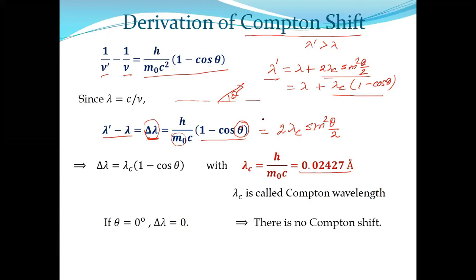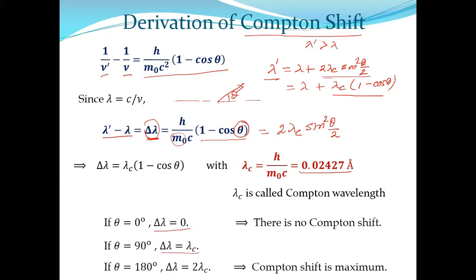And that's why we have observed that for different values of theta, we get different amounts of delta lambda, and the minimum value will be 0. That means there is no Compton shift when theta is 0. When theta is 90 degrees, the shift is equal to the Compton wavelength, and the shift will be maximum, twice lambda c, when the angle is 180 degrees. So for any angle other than theta equal to 0, you observe Compton shift.